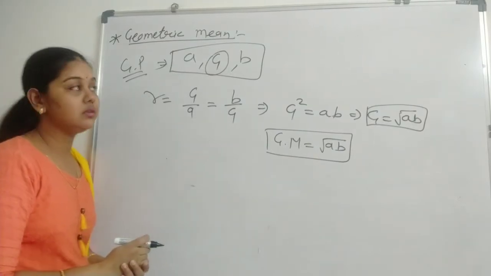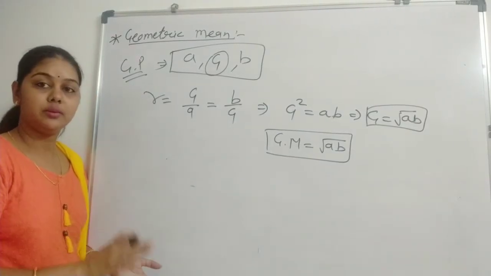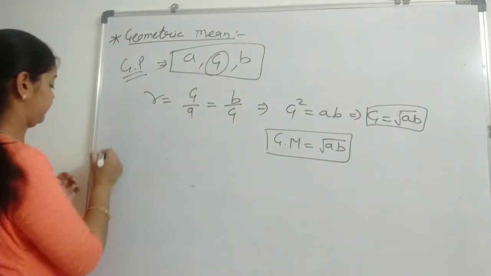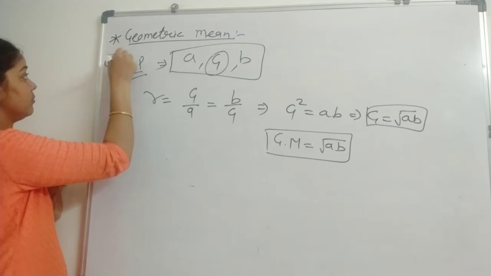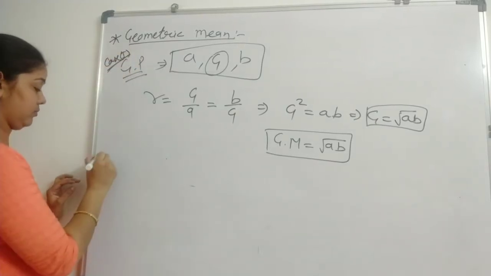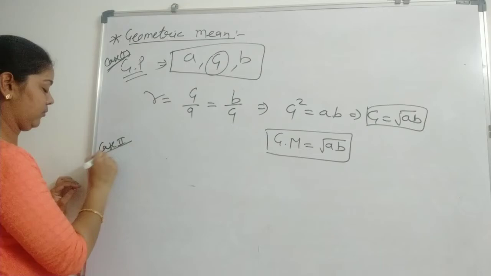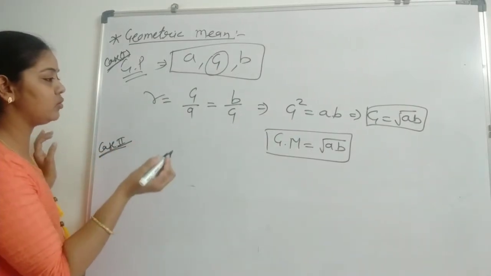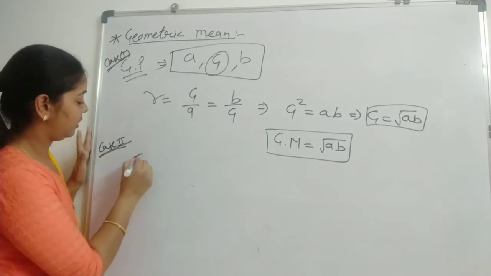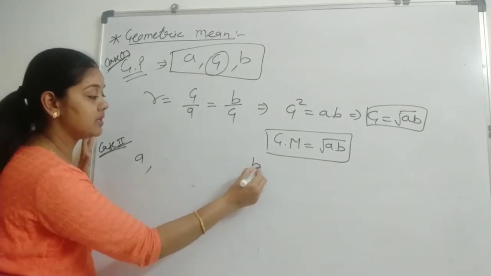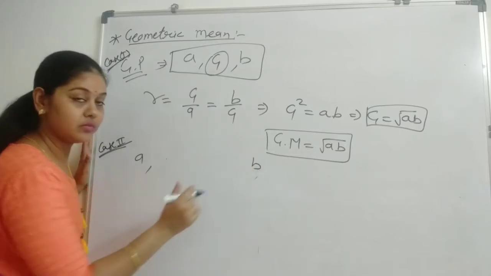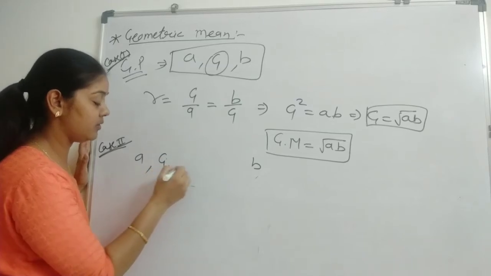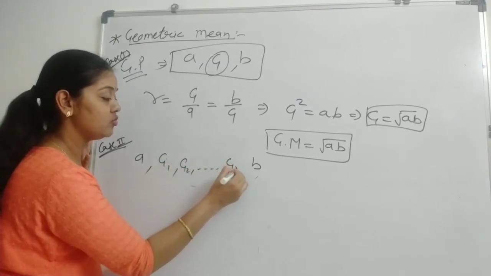If we are given that we need to insert more than one term in between a and b, suppose I need to add n terms. a is given to us and b is given to us. In between them, I need to insert n terms, suppose G1, G2 up to Gn.